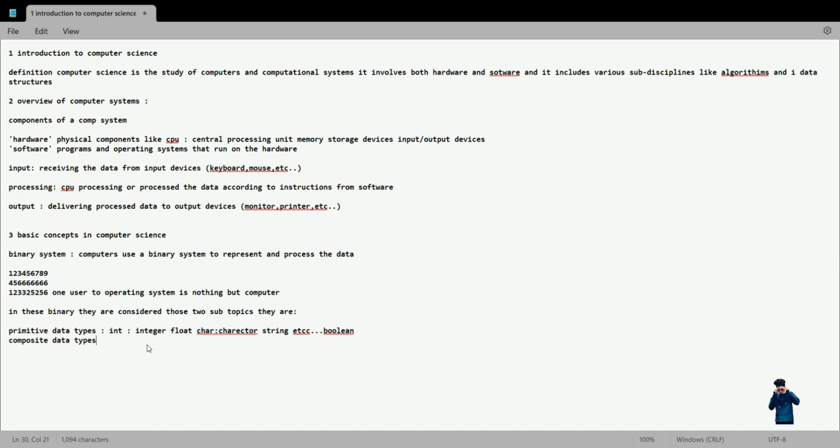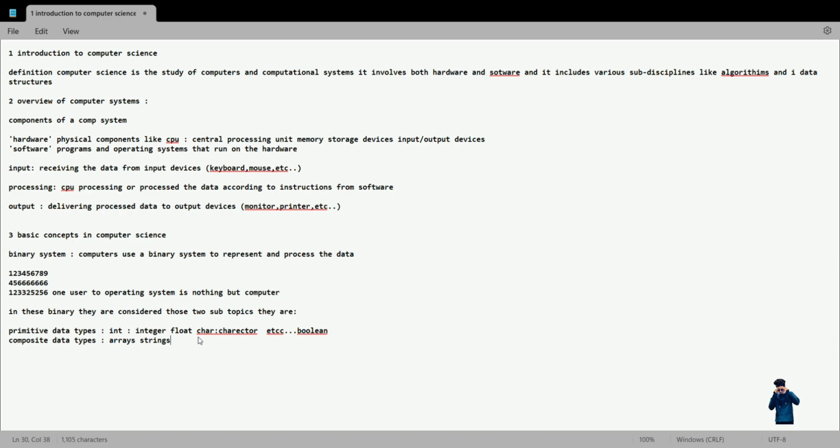After these primitive data types, we want to know composite data types. Composite data types are nothing but arrays, strings. Sorry, strings are not primitive data types. Int, float, char, boolean, these are the primitive data types.